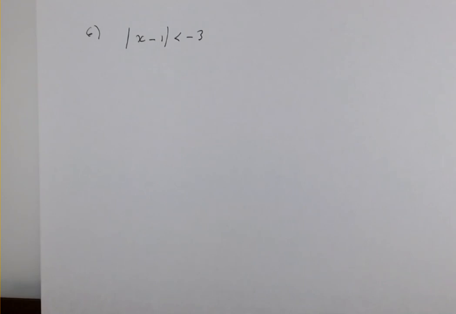You need to be careful when you're looking at these absolute value inequalities. First of all, you want to make sure it makes sense. And if it doesn't make sense, then there's probably no solution.